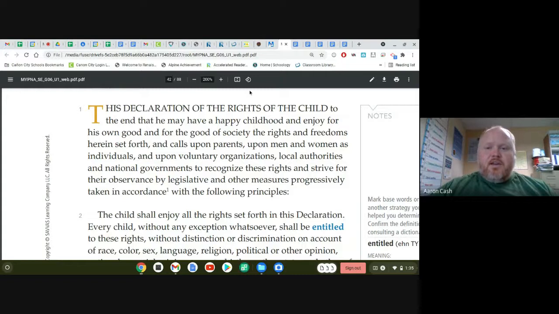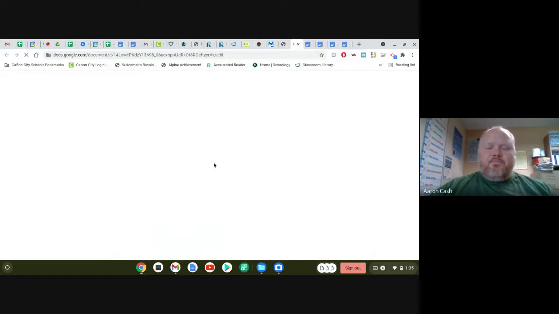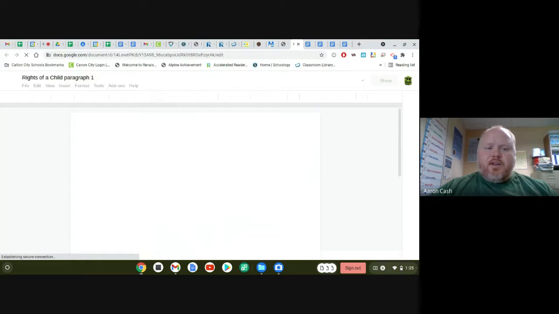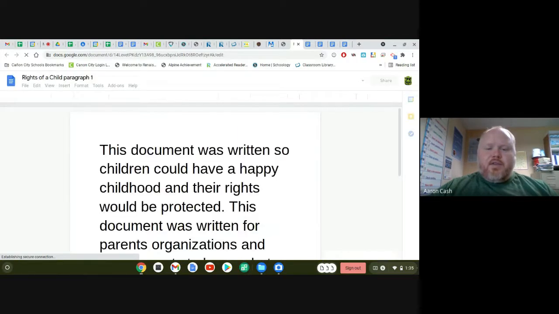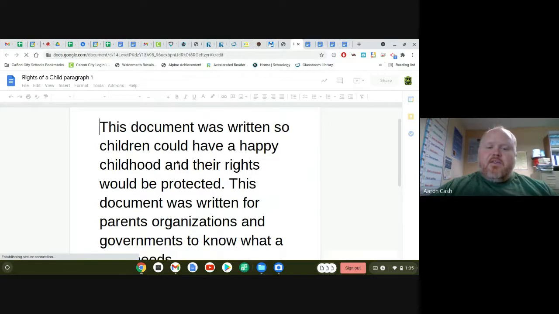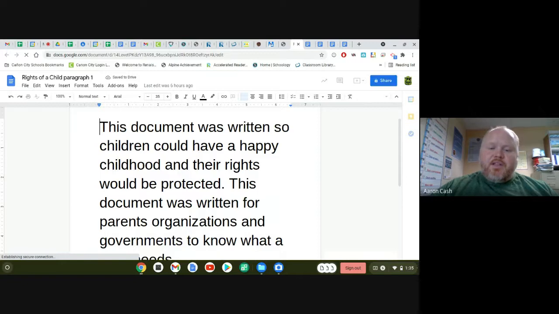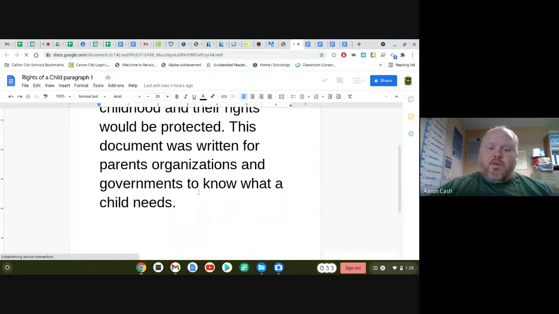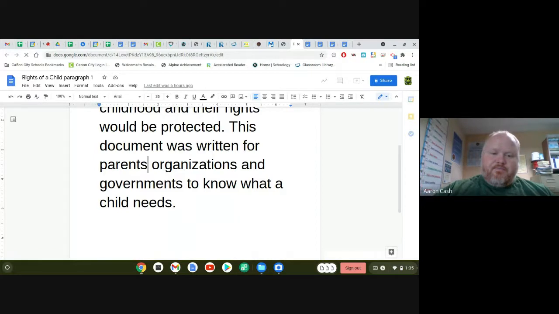That's okay. So here I have a quick summary of the first paragraph. Okay, so what they're basically saying here is this document was written so that children could have a happy childhood and their rights would be protected. This document was written for parents, organizations, and governments to know what a child needs.